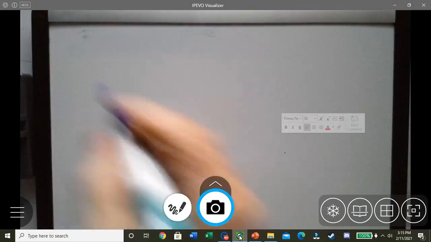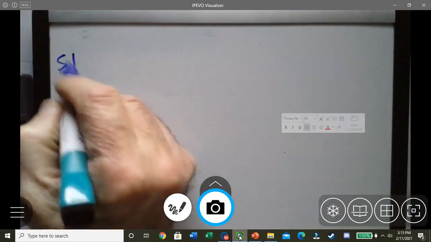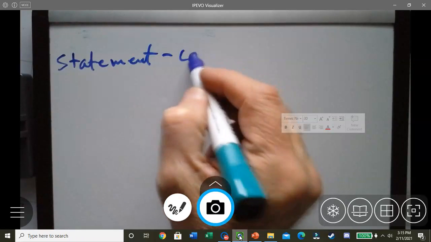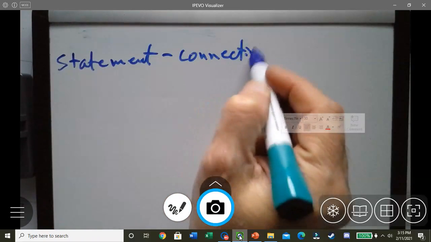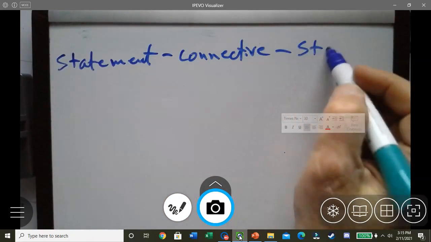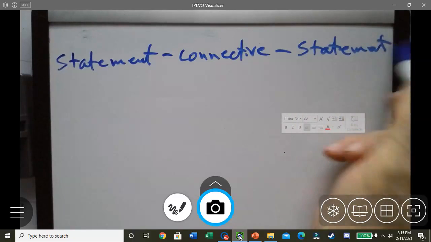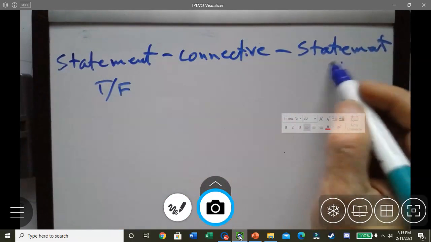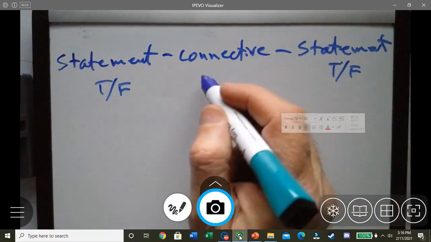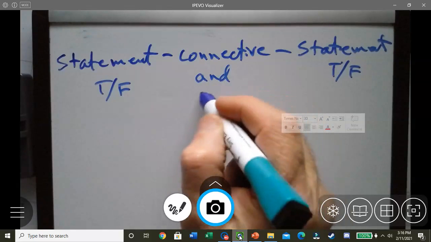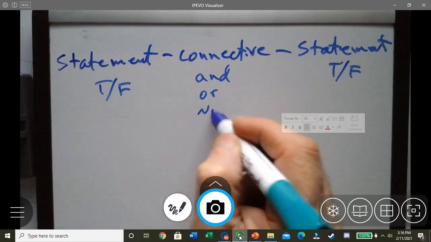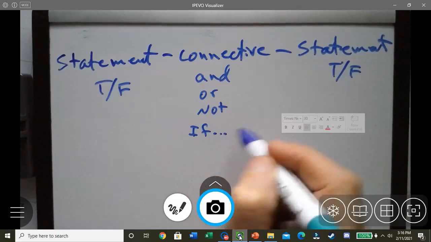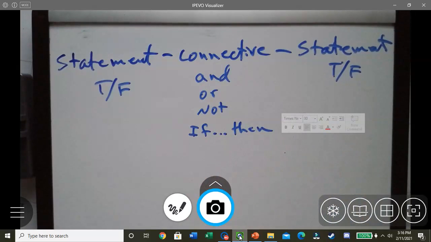We're talking about a statement, then a connective, and then a statement. And this statement can either be true or false on either side. For the connective, we're going to use and, or, not, if-then statements.